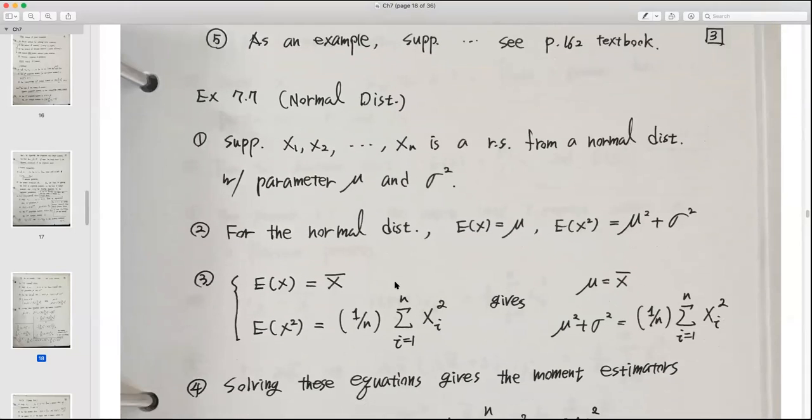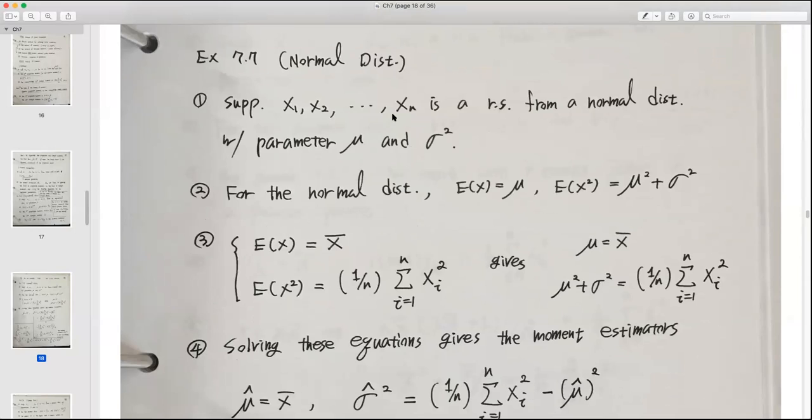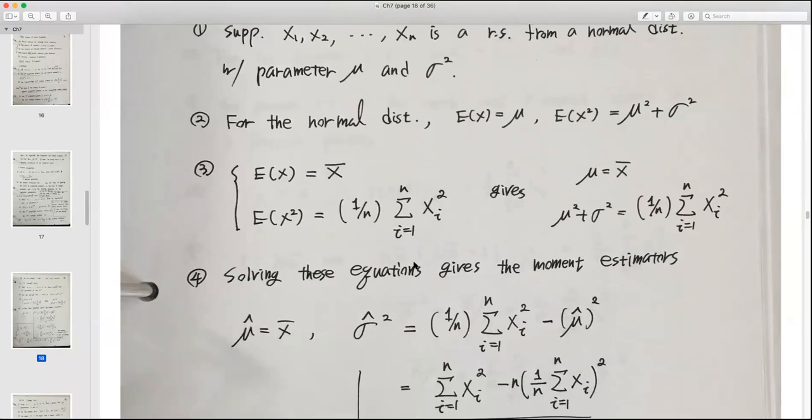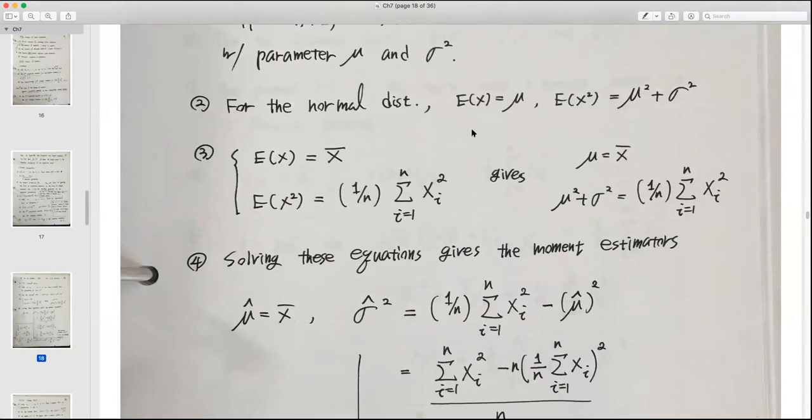All right, see example 7.7, the normal distribution. Suppose x1 through xn is a random sample from a normal distribution with parameters mu and sigma squared. I covered this one in the last lecture video, so let me go over it again quickly. The first population moment is mu, and the first sample moment is x bar.